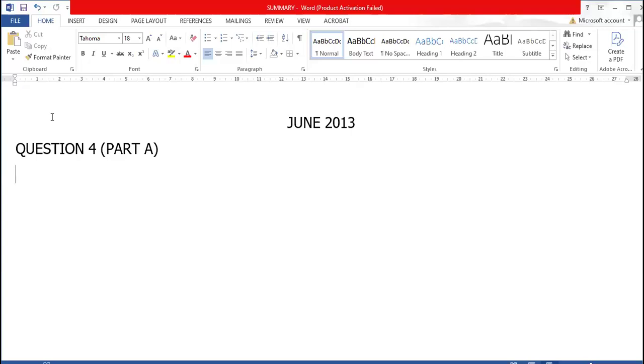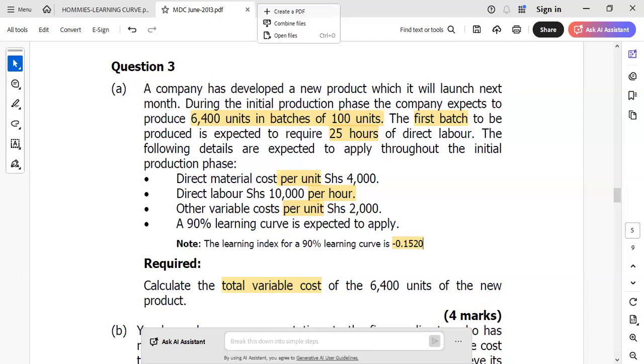Now, colleagues, every time you find that you're dealing with a learning curve, the learning curve only affects your labor cost. Other things remain the same, but it only affects your labor cost, especially on the time.